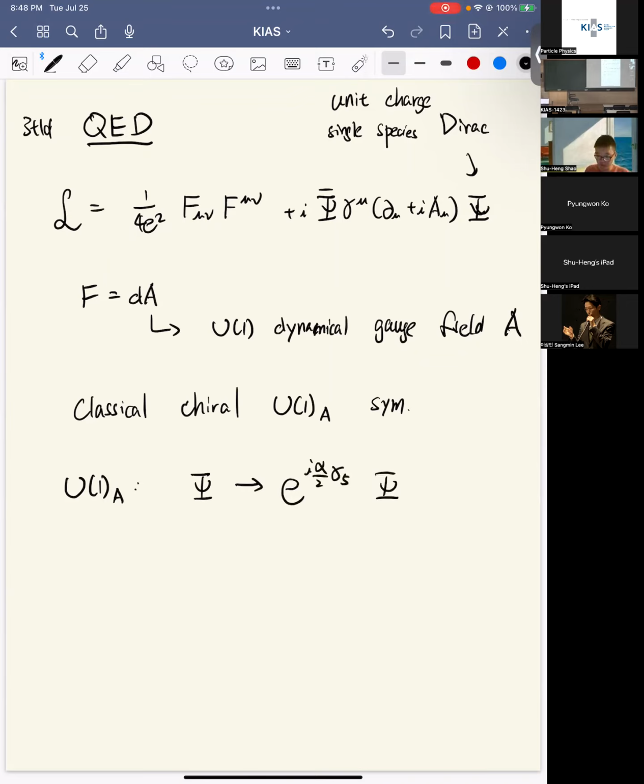It rotates the Dirac fermion with the important gamma 5 matrix up here. That means it rotates the left fermion and the right fermions oppositely. Don't worry too much about the factor of 2 here. I put a factor of 2 just so that alpha is identified with alpha plus 2 pi. You can see that when alpha is 2 pi, this becomes just a minus sign, and that's part of the gauge group.